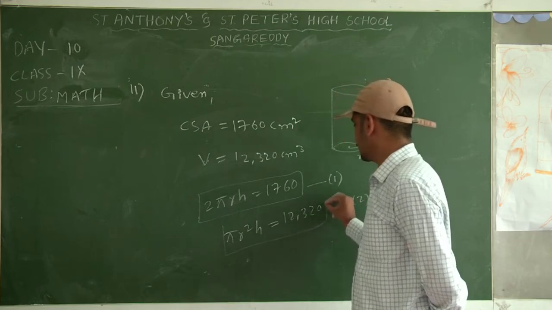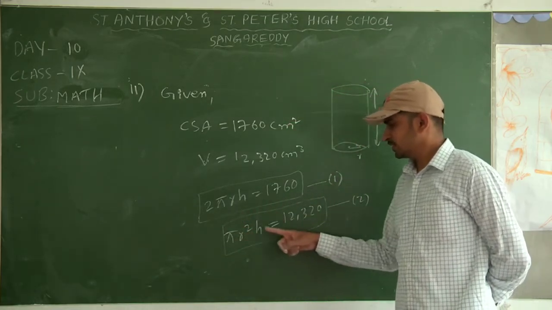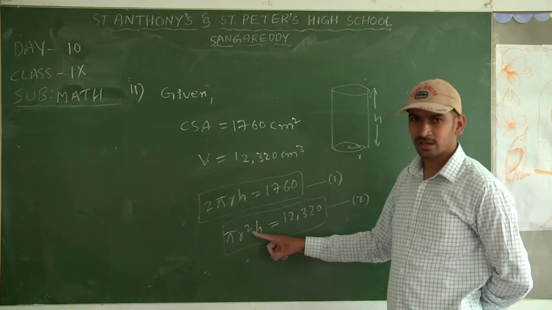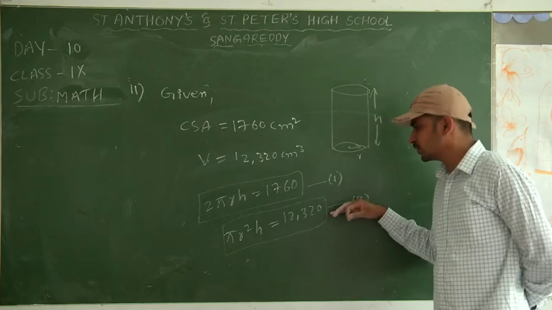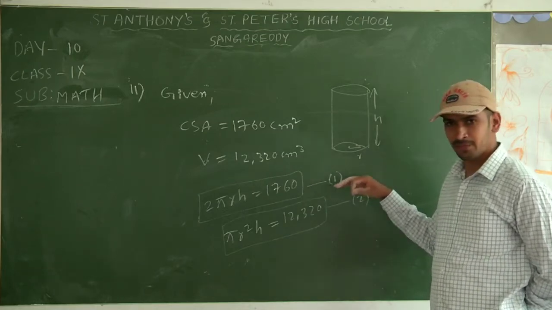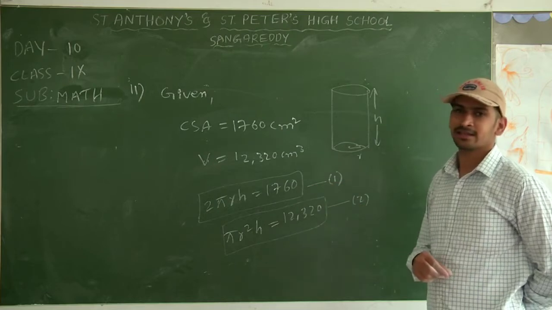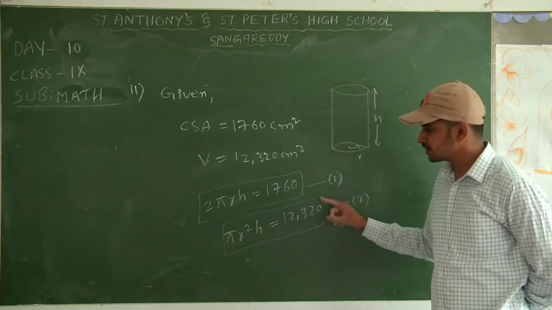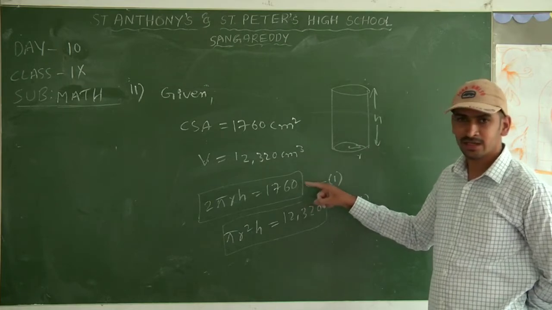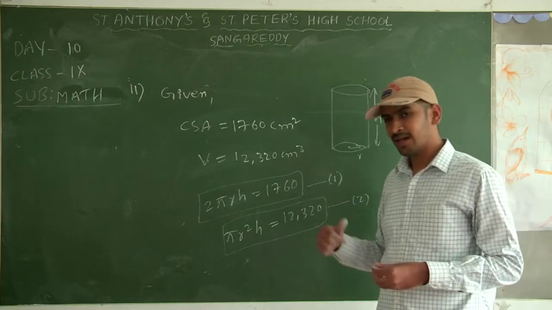From this we have to eliminate either radius or height. We can't eliminate r directly because r square is there. If we divide equation 2 by 1, we can get the radius of the cylinder. After that, substitute the value in either equation 1 or 2, then we will get the radius and height.